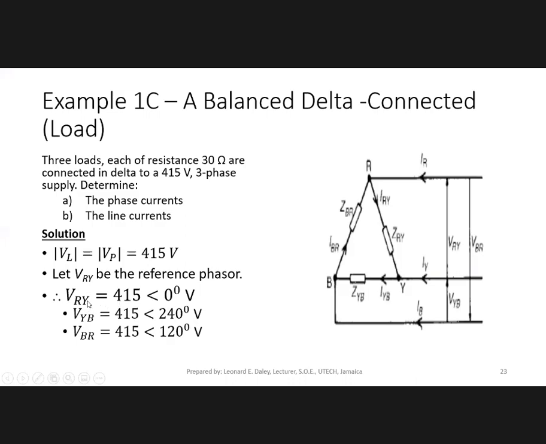Go ahead. So remember when we were looking at the star system, VR was at angle 0, VY was at angle 240, and VB at angle 120. You remember that? So still based on the same star system? No, it's not the star system, but it's the same phase difference between the phasors.